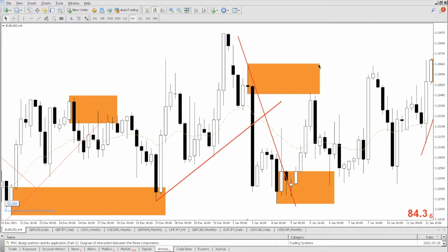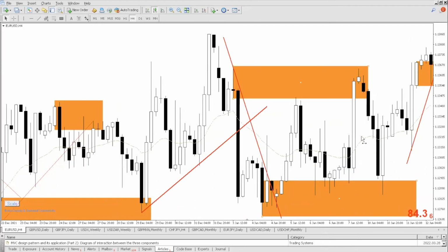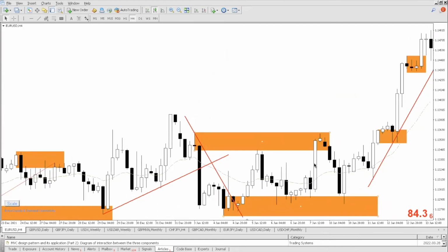So when you look at this pair, you can see that price was ranging between this area and this area here. Usually when it's like this, at a certain point you expect price to break from that ranging zone. So where did price break from that ranging zone? Here. This area was super strong.